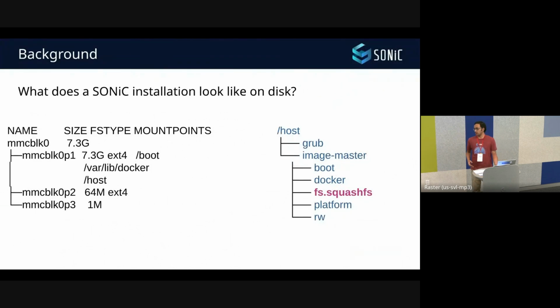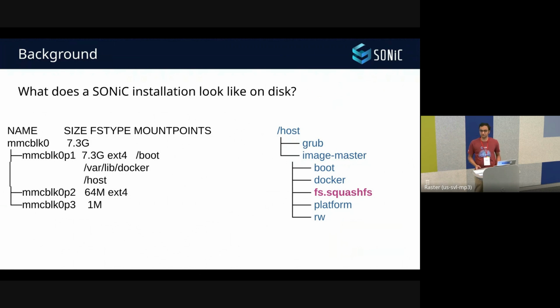All right, so in case you don't know, when you install a Sonic image, what does it look like on disk? So this is from an output from a sample device. In this case, it's using the MMC storage. It has 3 partitions. In this case, Sonic is installed on MMC BLK0P1, the first partition. Second one might be ONIE.